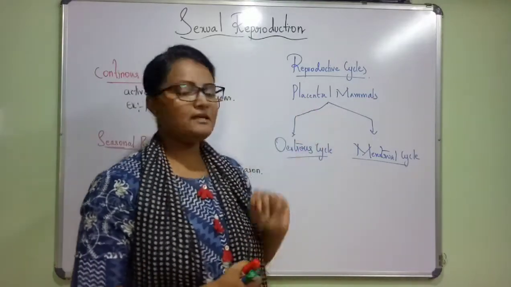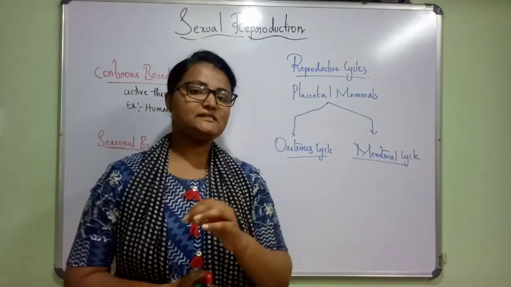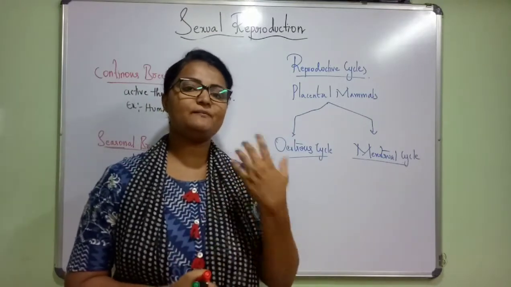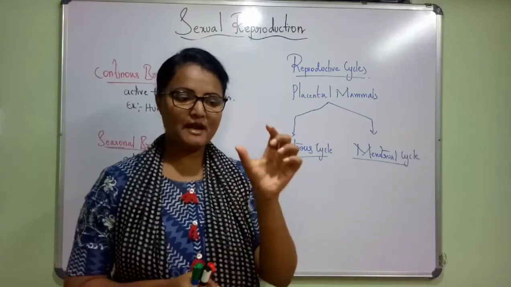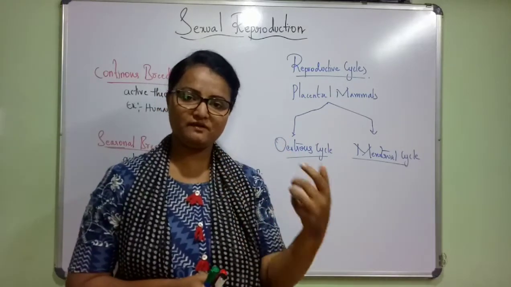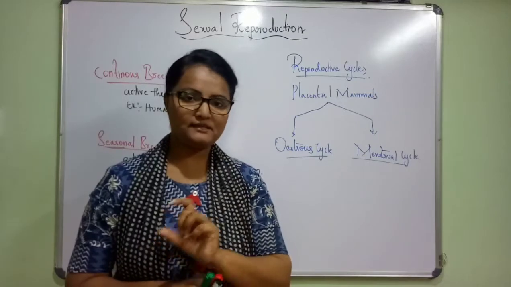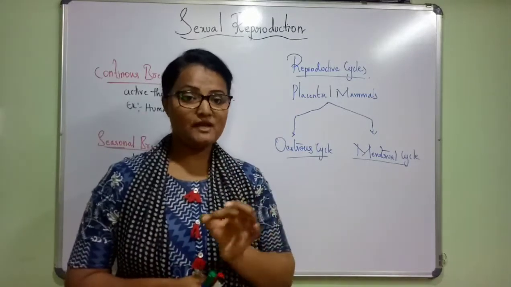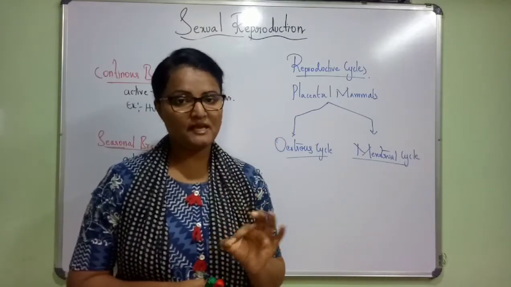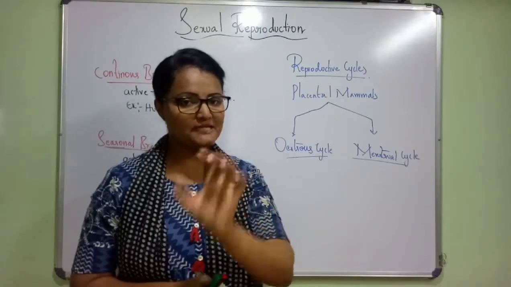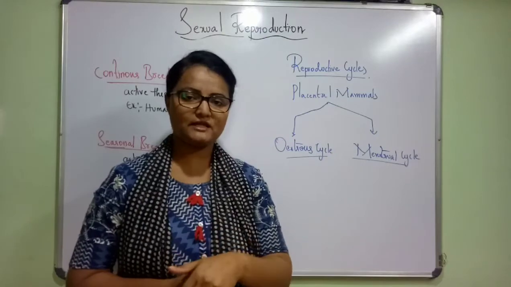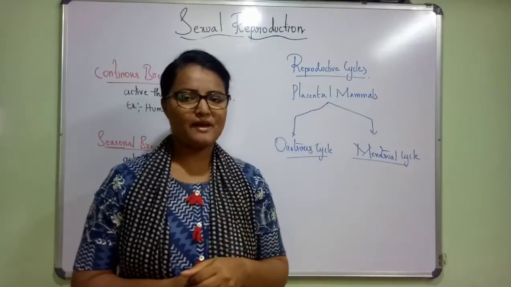And especially with respect to placental mammals, the mammals which bear a placenta during fetal development. As we say, the placenta is a physical connection between mother and fetus, right? It's a physical as well as physiological connection. In the same way, the mammals which bear this physical as well as physiological connection are called placental mammals.